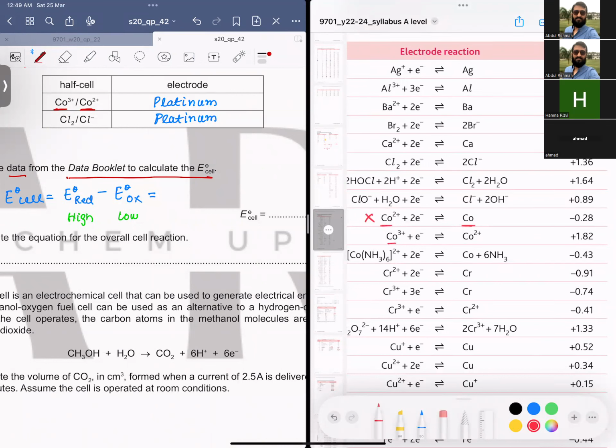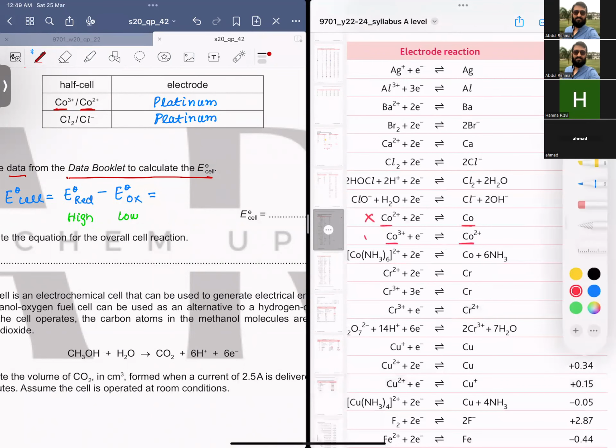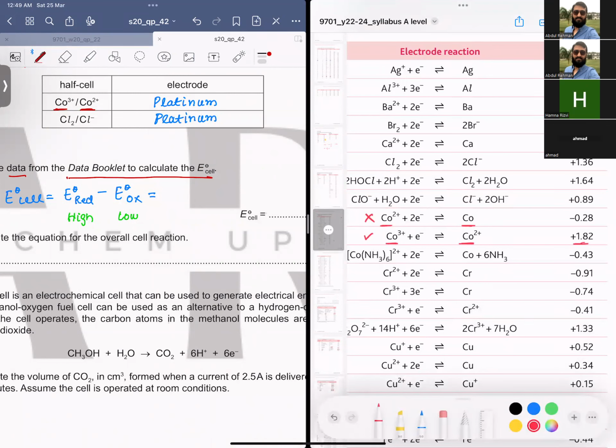But the other equation has cobalt 3 positive and cobalt 2 positive ion, so we use this equation. For that equation, the value is positive 1.82 volt.